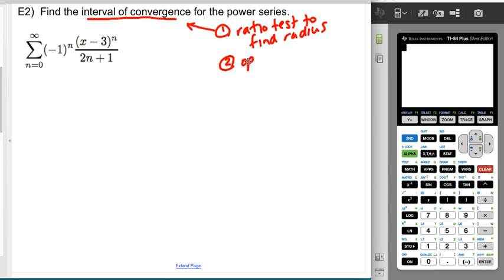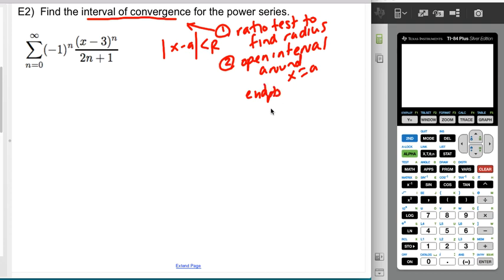Step 2, that gives us the open interval around whatever a is, x equals a, because remember, we're looking for x minus a is less than r, right? The endpoints are going to be that center plus or minus r. So either a plus r or a minus r, right? The center plus r, the center minus r, right? We're going to check the endpoints individually.